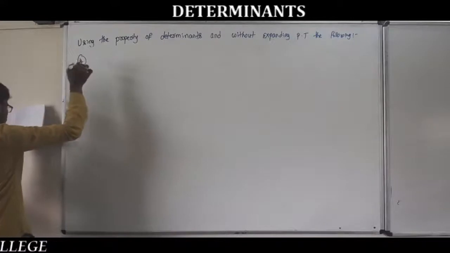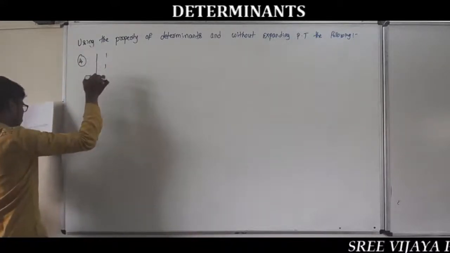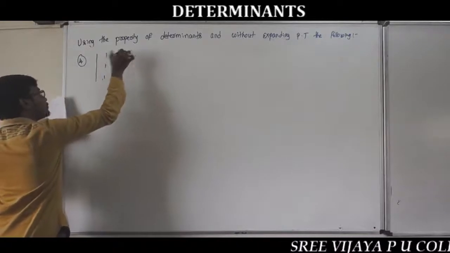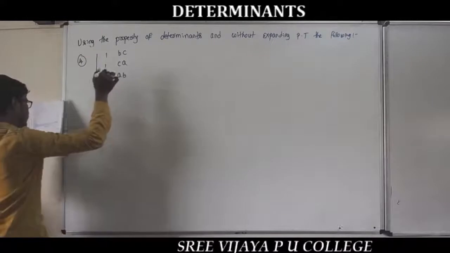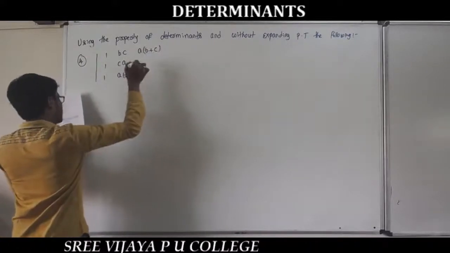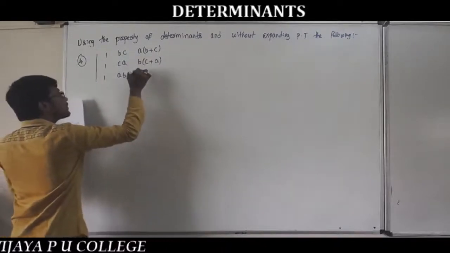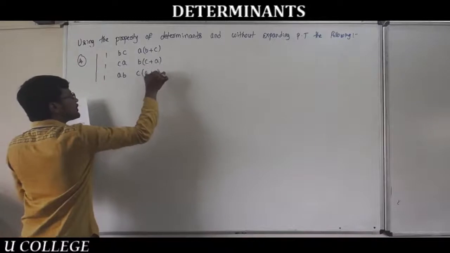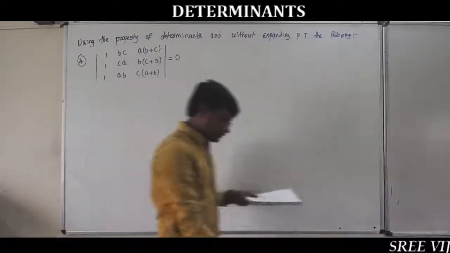So fourth question: determinant of 1, 1, 1, BC, CA, AB, A into B plus C, B into C plus A, C into A plus B will be equal to 0.